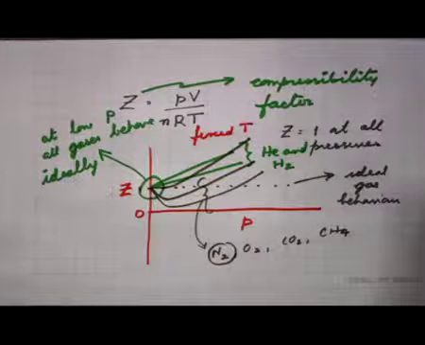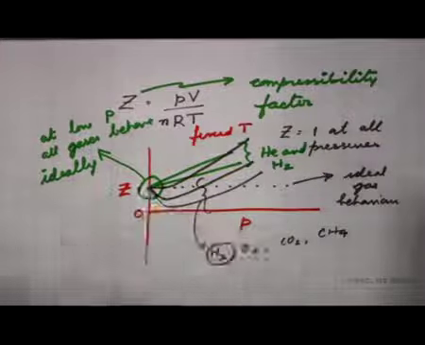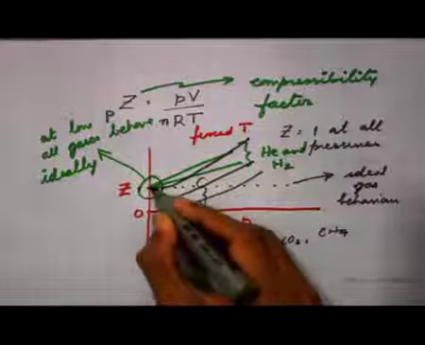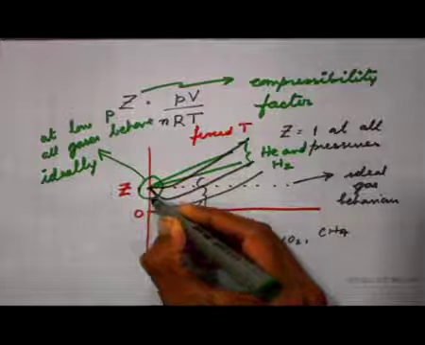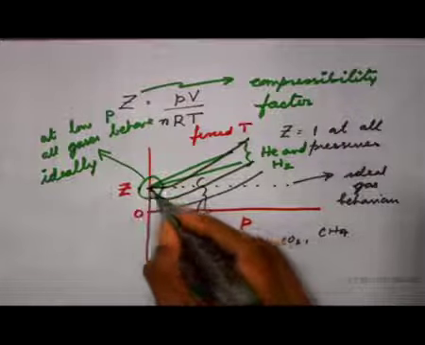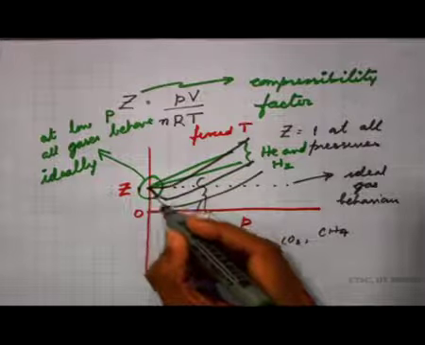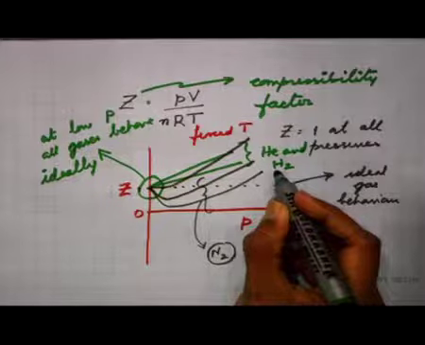So, at very low pressures all gases behave ideally, which is why we start off here. Now, as the pressure increases, for most gases Z drops less than 1. It has a negative slope. So, del Z del P would actually be negative. It goes to 1, it reaches a minimum and then it starts to increase.